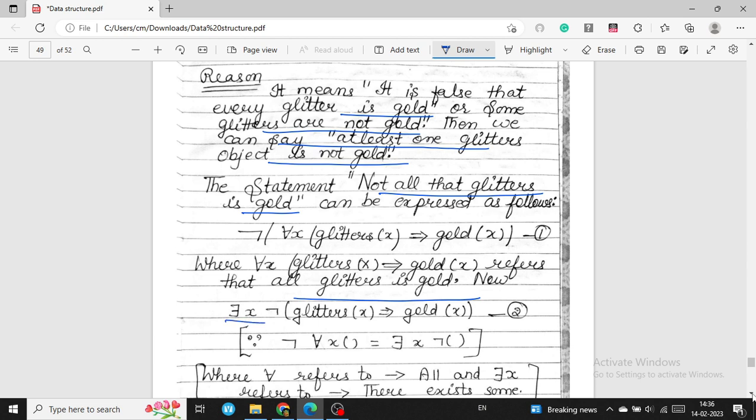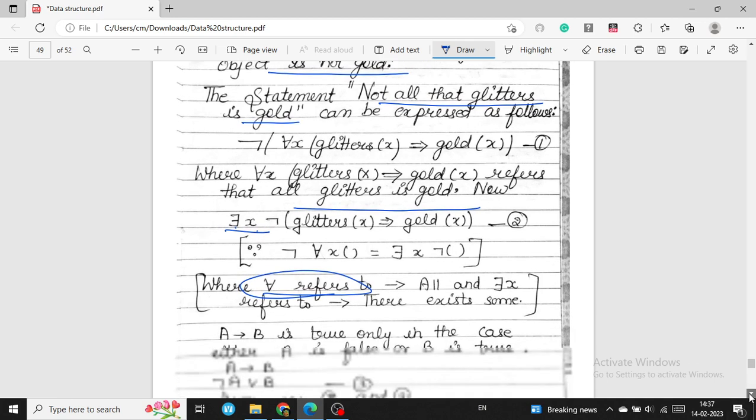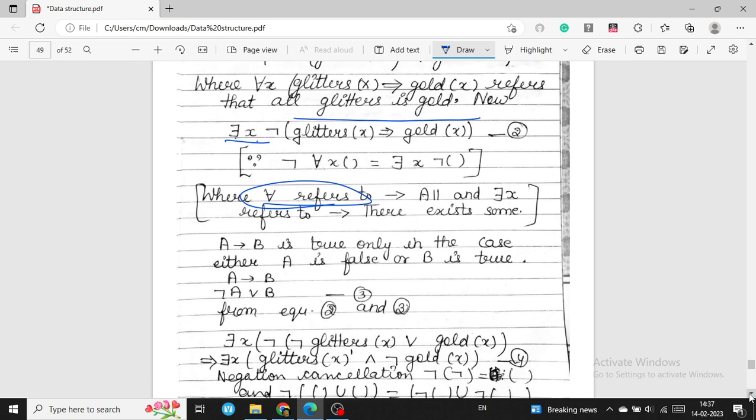And there exists x, not (glitters(x) implies gold(x)). That means not for all x is equal to there exists not. Here the first symbol refers to all, and the next symbol, there exists, refers to some.